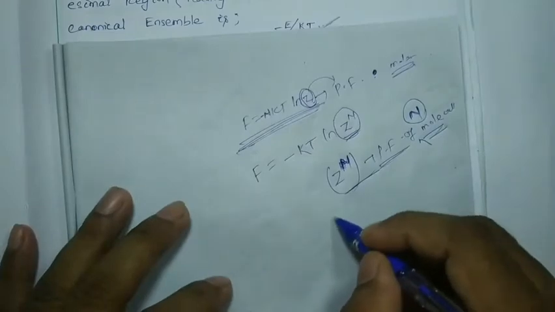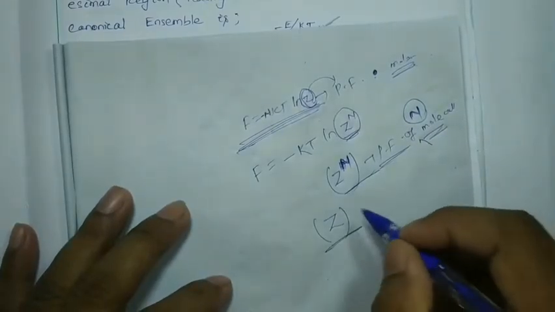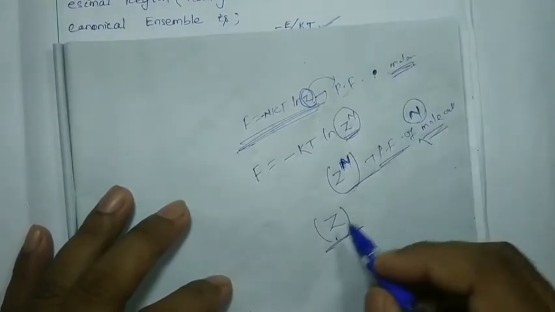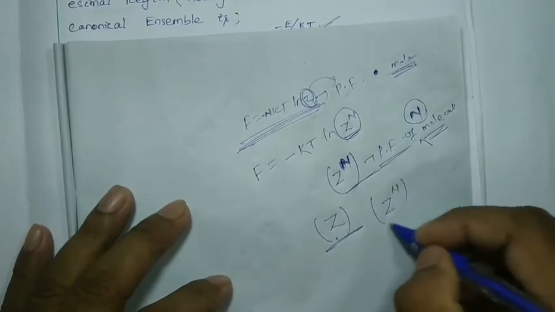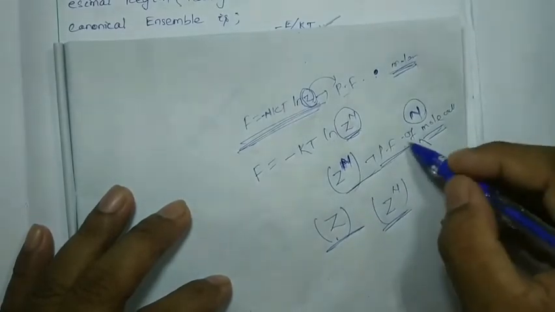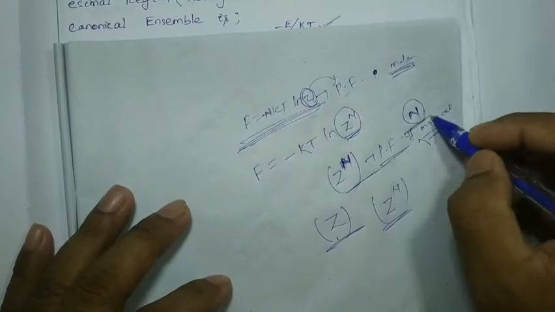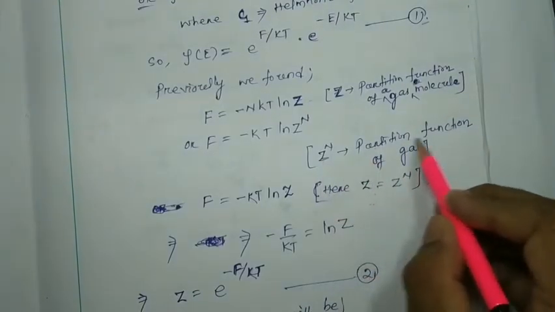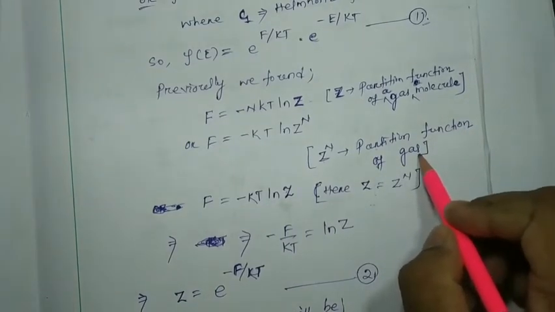So z represents the partition function of a single molecule, and z to the power N represents the partition function of N molecules. So here z to the power N represents the partition function of the gas.